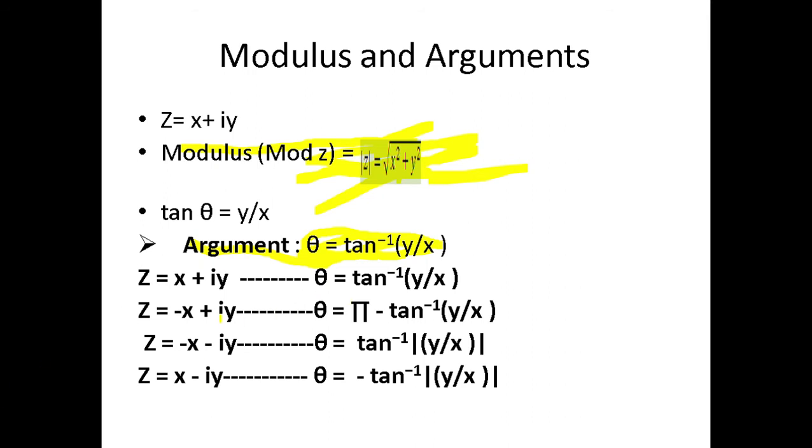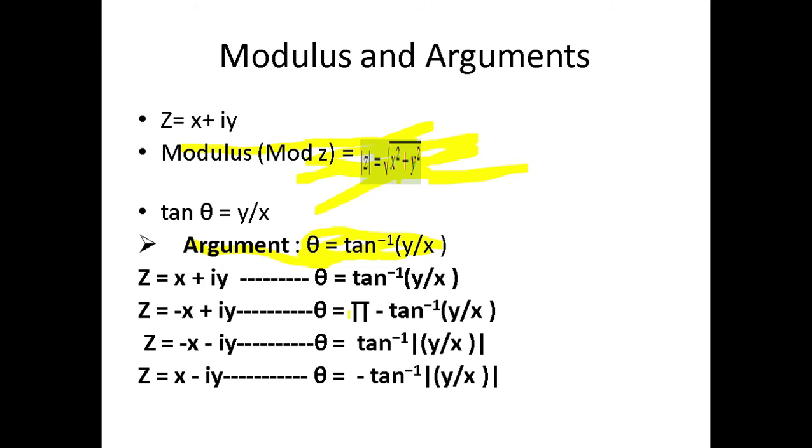If I am in the third quadrant, meaning minus x minus iy, then theta equals minus pi plus tan inverse mod y upon x. If z is equal to x minus iy, then theta equals minus tan inverse mod y upon x. This is most important. It will not come in any book, so please note it down.